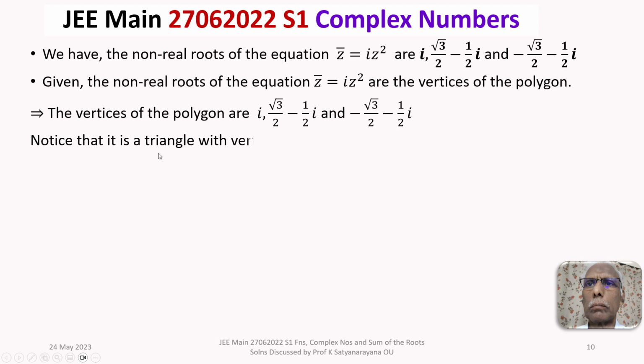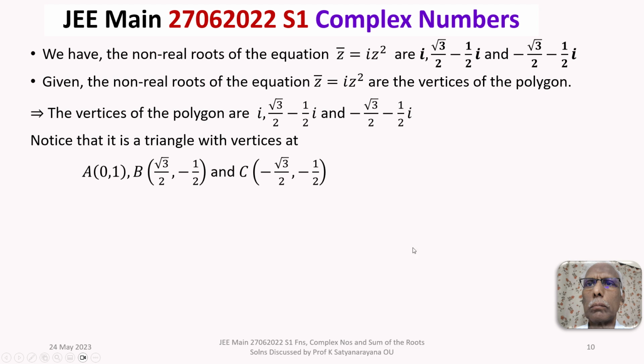Note that it is a triangle with vertices in Cartesian form A (0, 1), B (root 3 by 2, minus 1 by 2), and C, the ordered pair (minus root 3 by 2, minus 1 by 2).